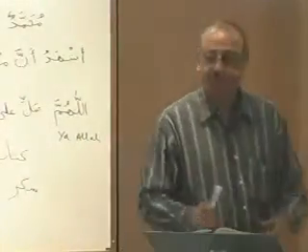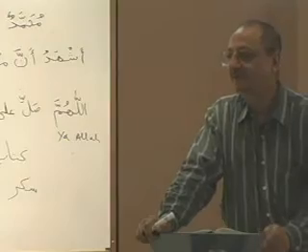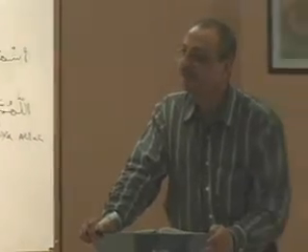I repeat again. A nominal sentence has two parts. What are they, Sister Naima? Subject and predicate. I am using English so that you don't get confused. Use English also, but by the time you are in book 2, you will have everything in your mind, inshallah.